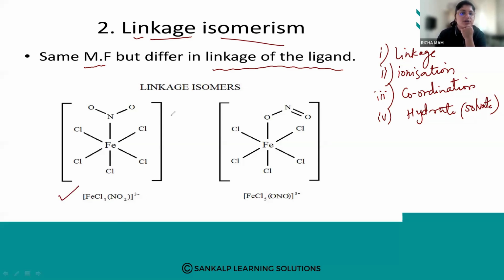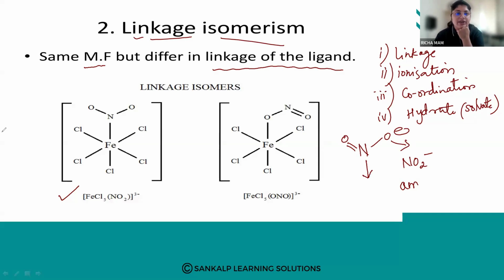You know that NO2 minus is an amphidentate ligand. So this NO2 can link through the oxygen, or else it can link through the nitrogen.